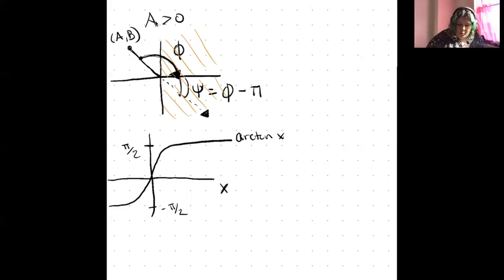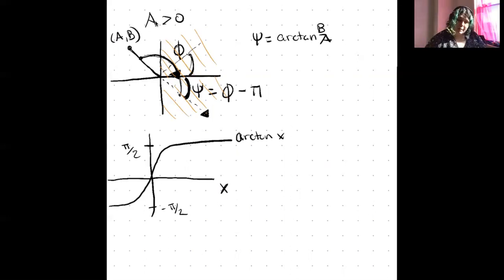So that's why we want to extend and look at what happens to that angle over there. And then we're going to add pi to that, and that should give us what phi is. So this angle psi is just going to be arctan of b over a. We can see that this sort of angle here would be the same thing as if I mirrored it up.